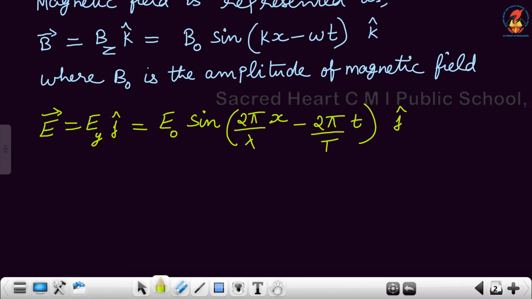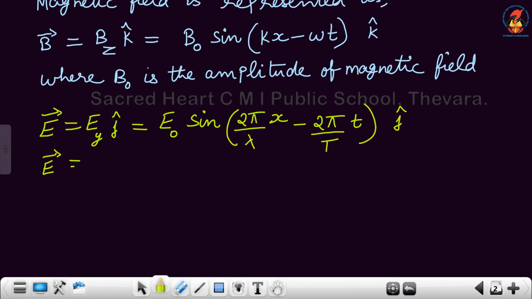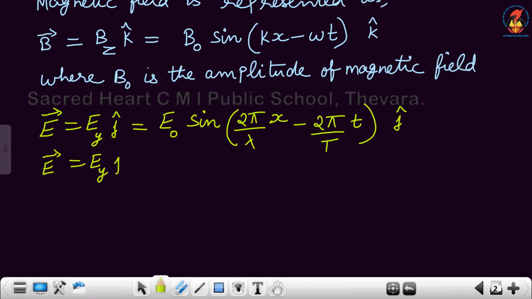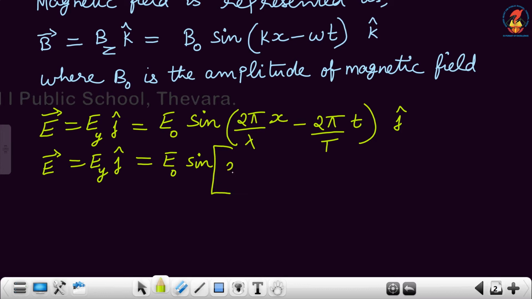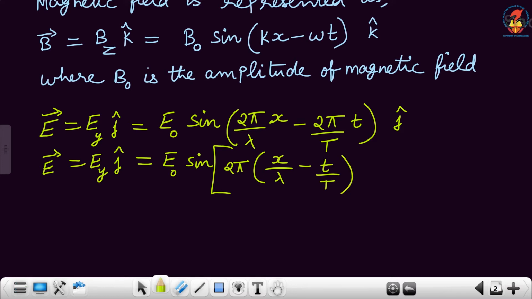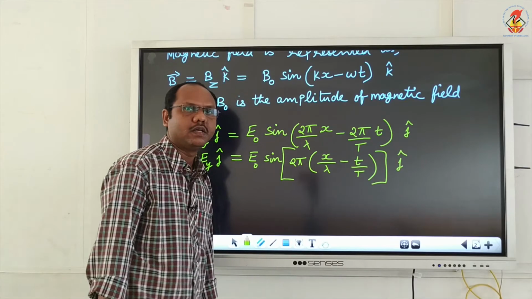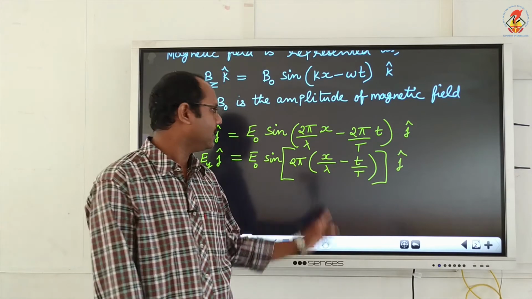Now 2 pi is common here, I can take 2 pi outside. So E is equal to E y j cap, which is E0 sin of 2 pi times (x by lambda minus small t by capital T) j cap. So the expression can also be written in this form.